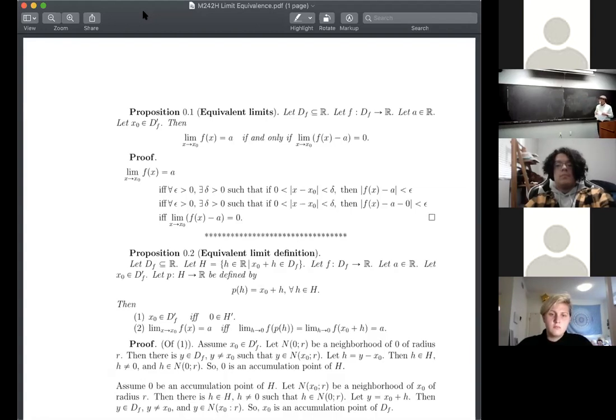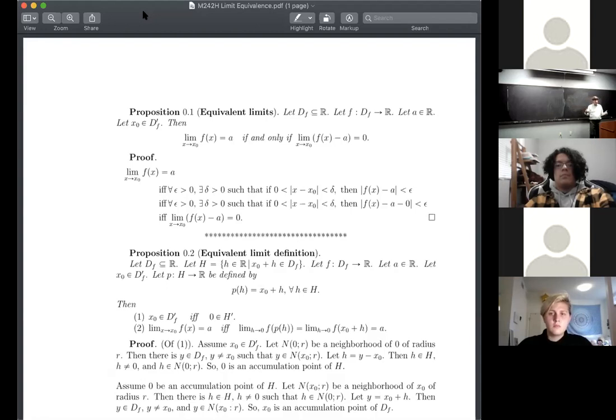So basically that's the setup. The x naught is something I can get close to, the same x naught in both cases. This says the function values are heading toward the number A when x is real close to x naught. This one says the difference of the function value and A gets close to 0 when x gets close to x naught.